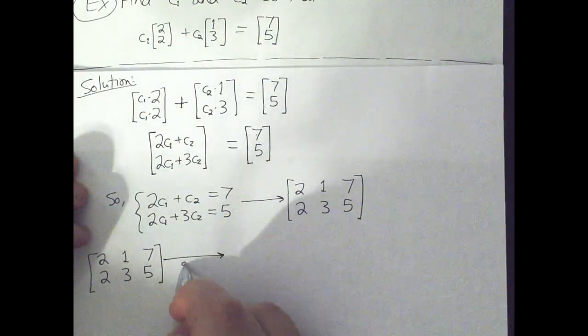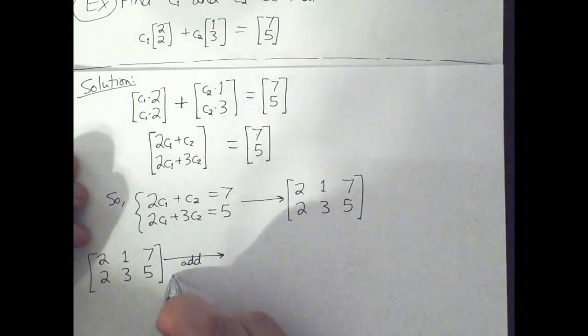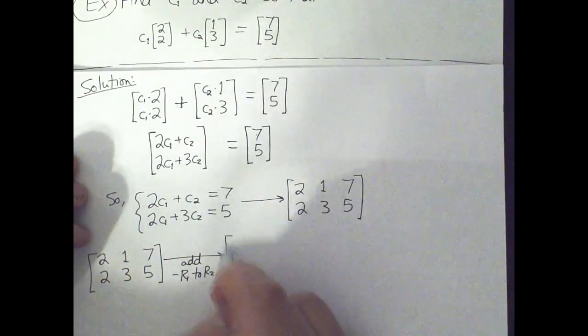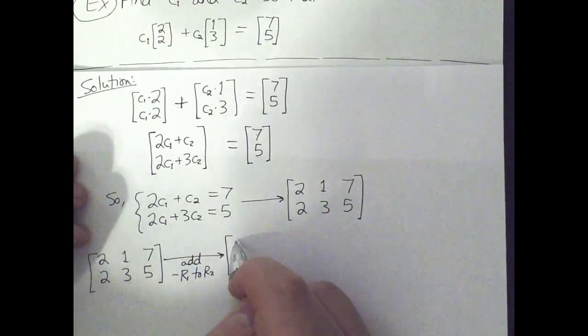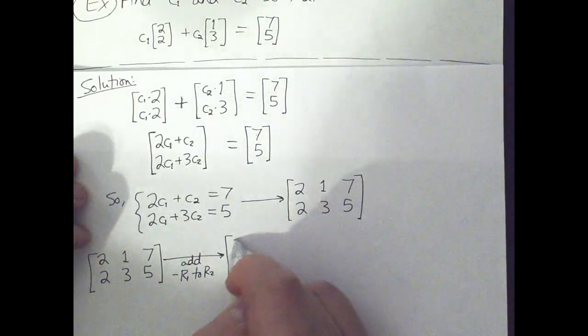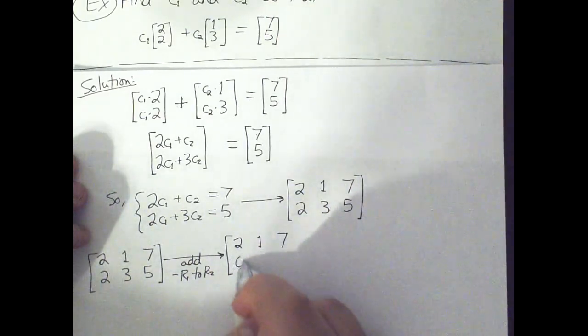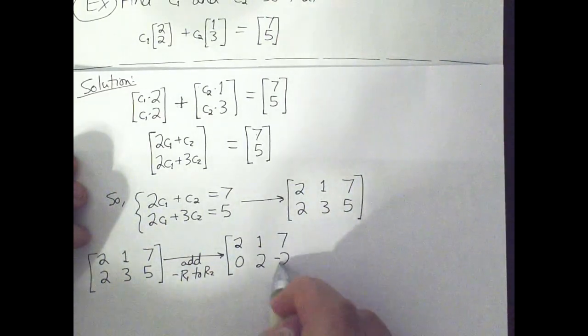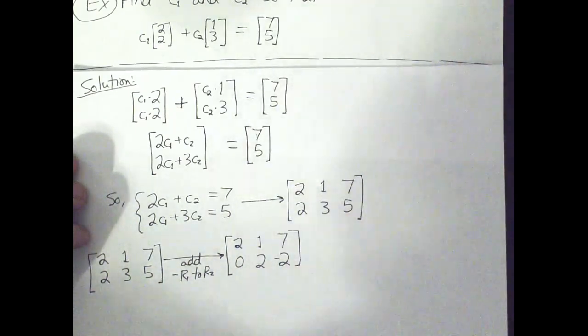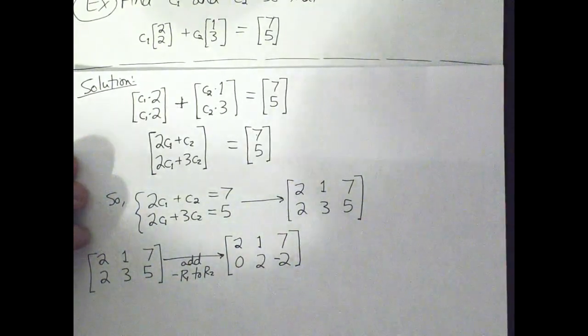So I'm going to do Gaussian elimination. I am going to add negative R1 to R2. It's up to me if I want to do the full Gauss-Jordan elimination to get reduced row echelon form, or just regular Gaussian elimination to get triangular form and do back substitution.